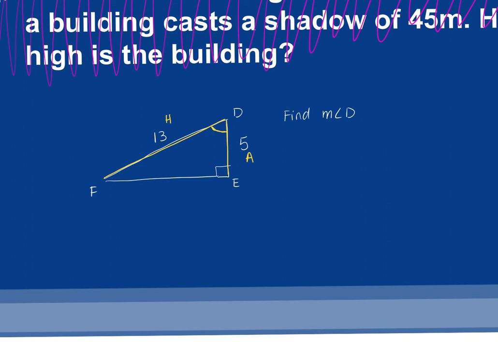So now, if we're thinking about the trig ratios, which one should we use? SOH CAH TOA. And if we think about these three, cosine, or CAH, is the only one that deals with adjacent and hypotenuse.